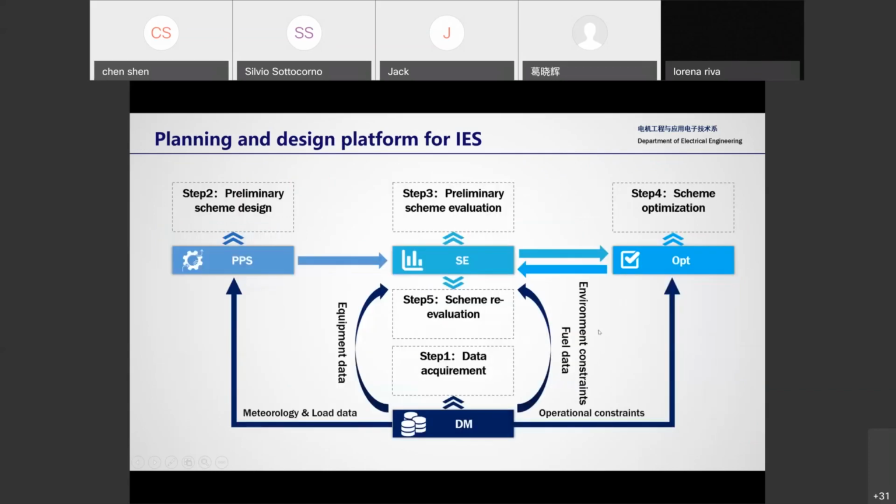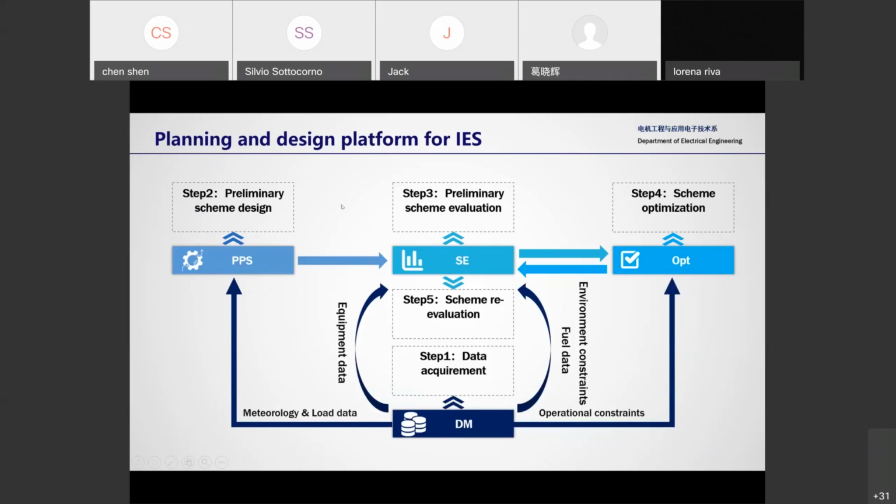This is the general procedure to use the platform to do the planning and the design of IES. First, the data management function block collects necessary information such as meteorology and load data and distributes that information to other function blocks.